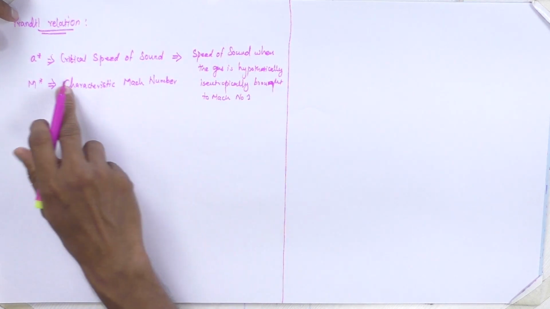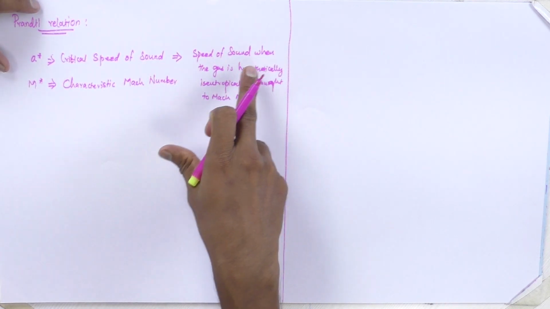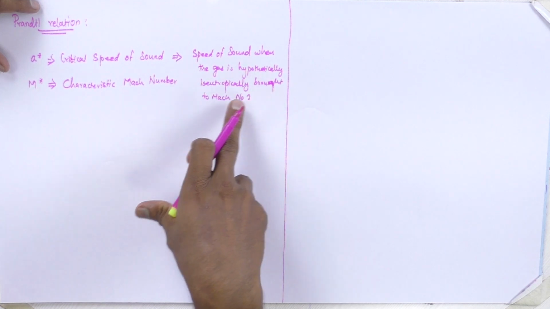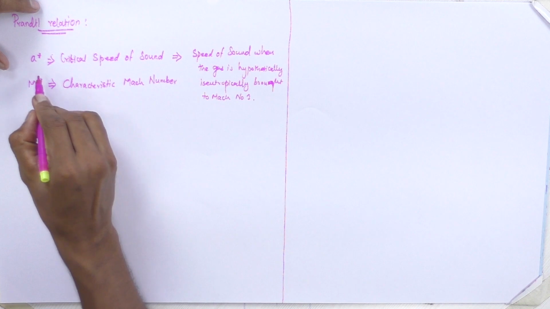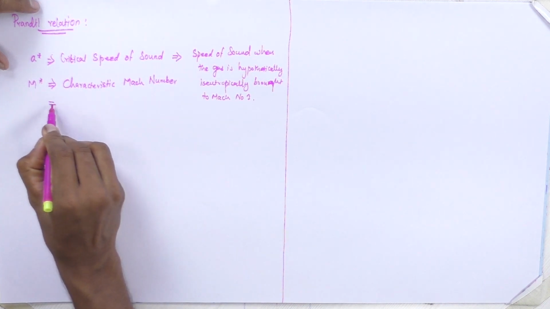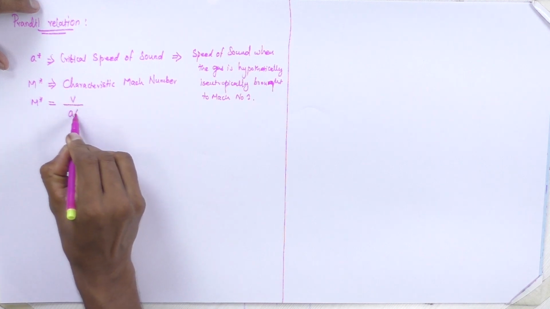So he defined the critical speed of sound as the speed of sound when the gas is hypothetically isentropically brought to Mach number 1. With this critical speed of sound parameter, he defined characteristic Mach number as the speed of the flow divided by A star, the critical speed of sound.